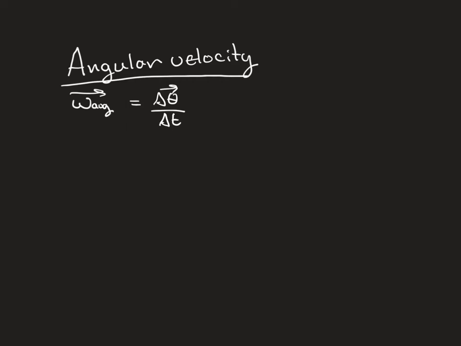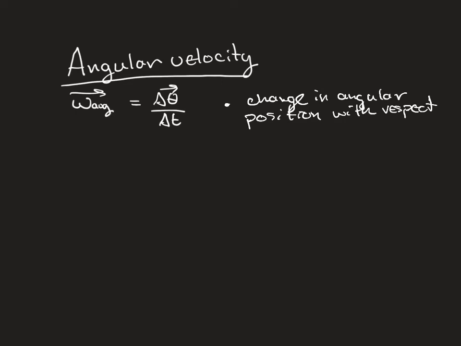So in words, that would be the change in angular position with respect to time. And the units are going to be radians per second. So notice we're doing a distance unit over a time unit, so radians per second. This is very similar to meters per second that we had for linear velocity earlier in the semester.